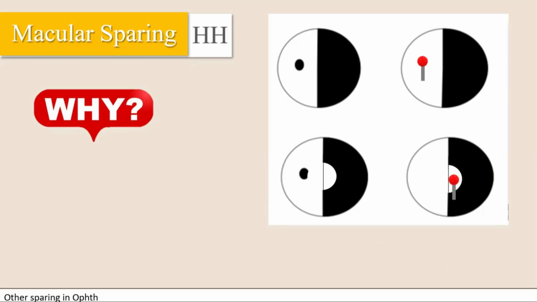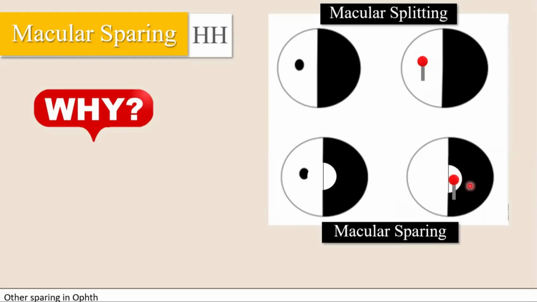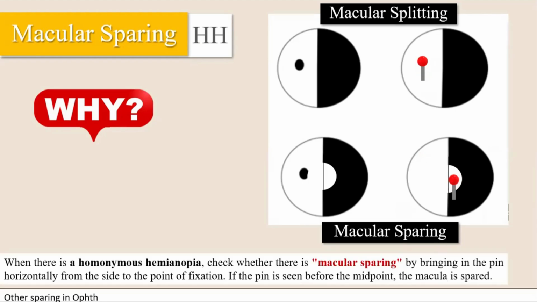So what's the difference? In macular splitting, the patient can see the red pen once the red pen crosses the vertical meridian. But in macular sparing, the patient can see the red pen just before crossing the vertical meridian. And here is the paragraph to explain the technique.